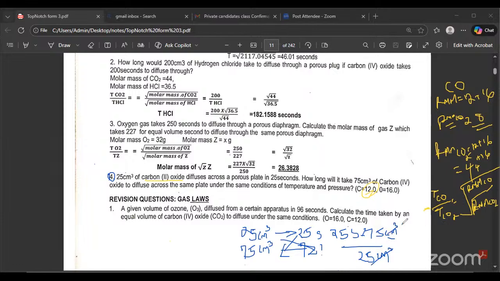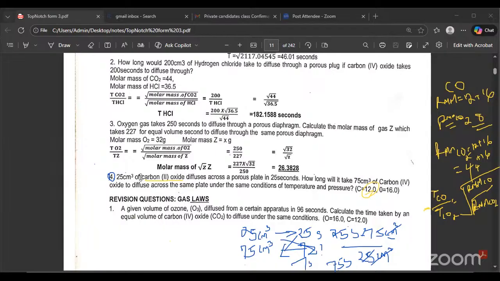So centimeters and centimeters go, and then 25 goes. So the remaining will be 75 seconds. So 75 centimeters cube takes 75 seconds.